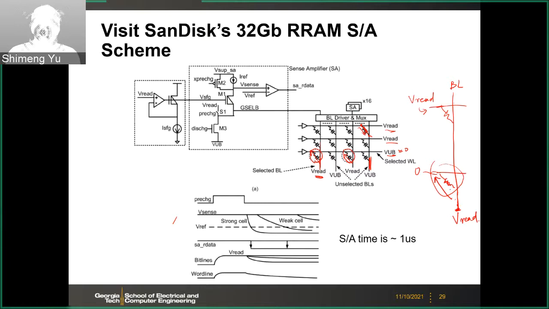But as this discharging occurs, the voltage of the V-read will decay. So if you look at those two terminals here, this V-read will decay. That means it will minus some delta V, right? So then you have current charge back. This is undesired, and we need the selector to cut off or at least suppress this current.